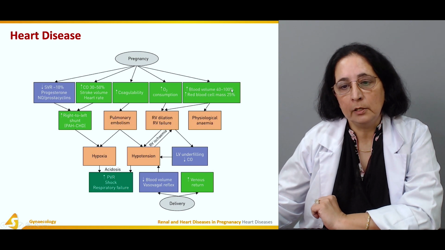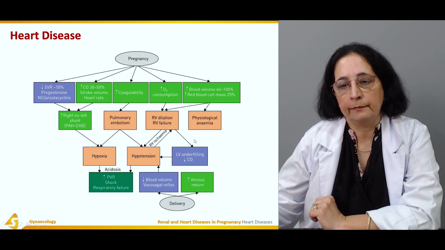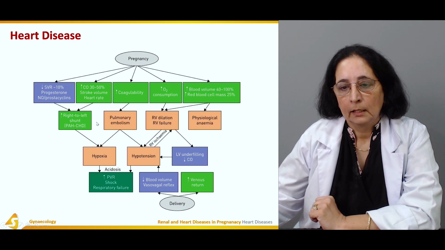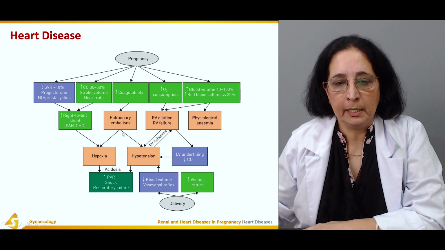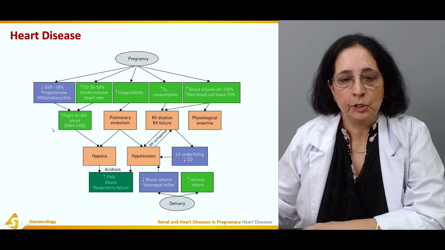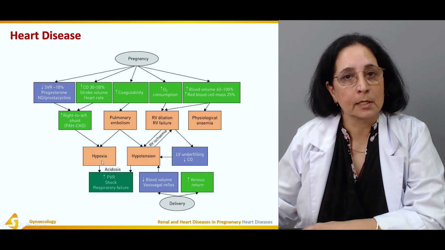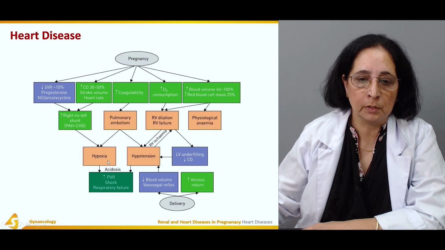Increased blood volume and increased red blood cell mass can also cause physiological anemia. So these are the different changes. Next, we have pulmonary embolism, and the right to left shunt causes hypoxia because of decreased supply of oxygen to the body.